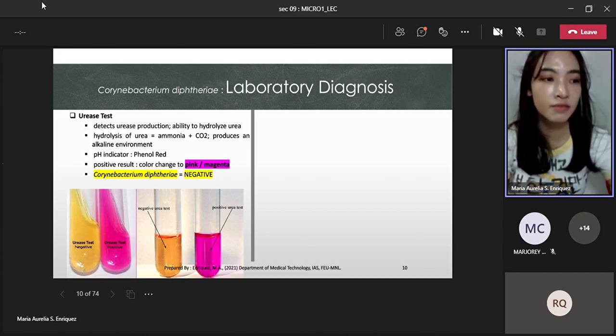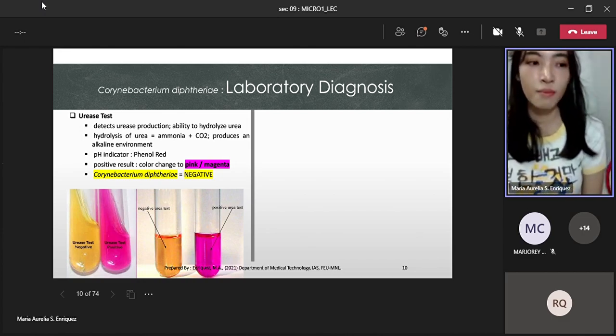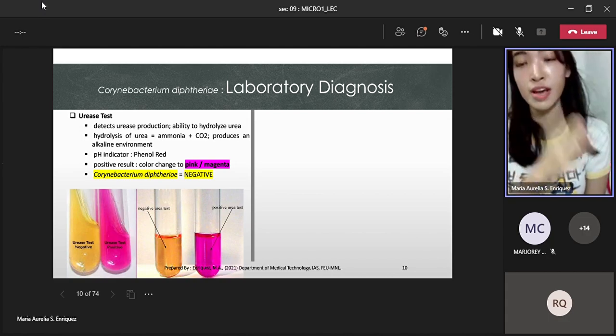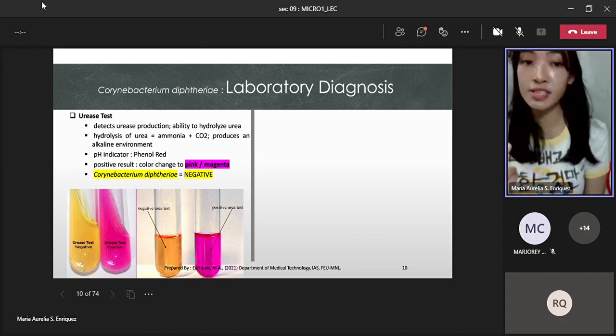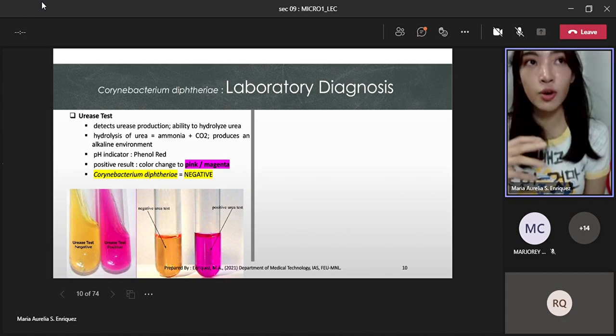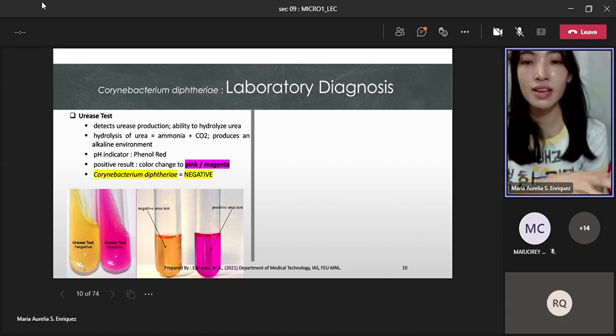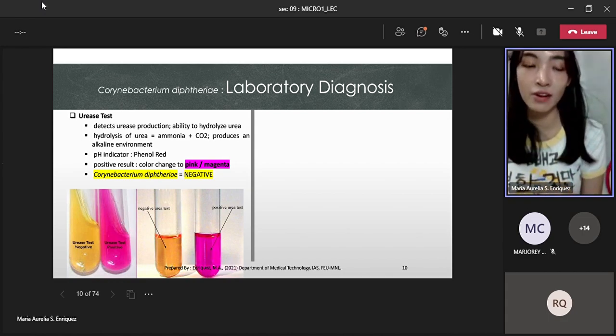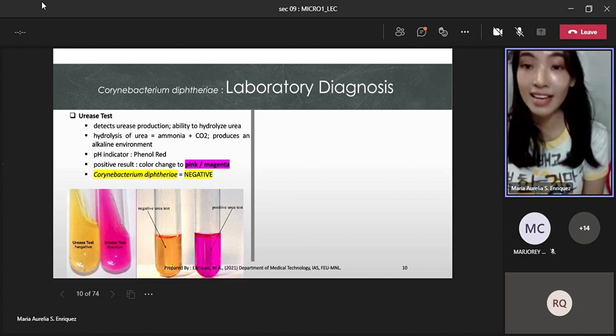The hydrolysis of urea would lead to the formation of ammonia and carbon dioxide. Itong dalawang substances na ito together, they would turn the test environment into an alkaline environment. So magkakos po ng alkalinity or change in pH yung ammonia and CO2 na na-produce.